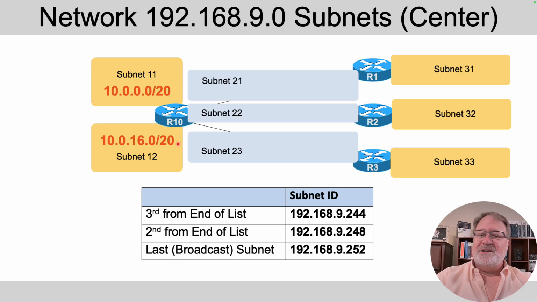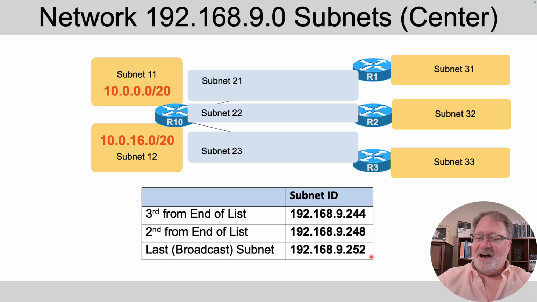Following that same logic, we had subnets 21, 22, and 23, and the rules were that we wanted to give subnet 21 the numerically highest, 22 the second highest, and 23 the third highest numbers. All right. So going back to our notes of our calculations, here was the third from the end of the list, ends in .244, second ends in .248, and the last one ended in .252.